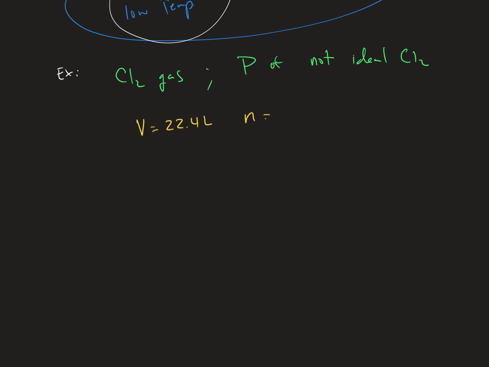The number of moles is 1.5 moles. And the temperature is 273.15 Kelvin. Who can tell me what this is saying? At STP. Do you guys see that? How do we know? So at STP, what should the pressure be? 1 atm. That's for an ideal gas. And now let's see what it is for a non-ideal gas.